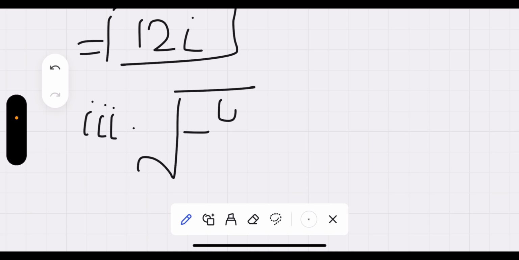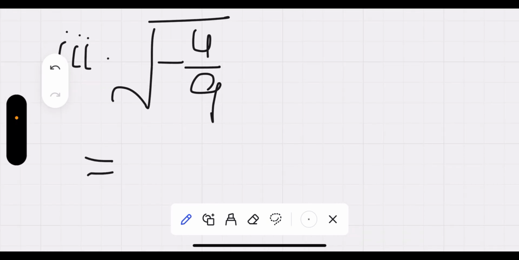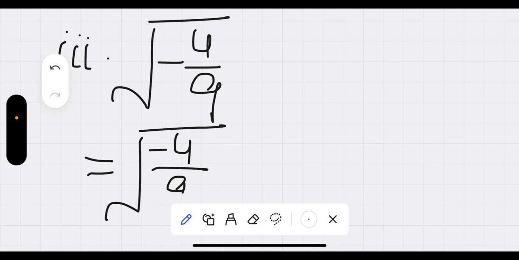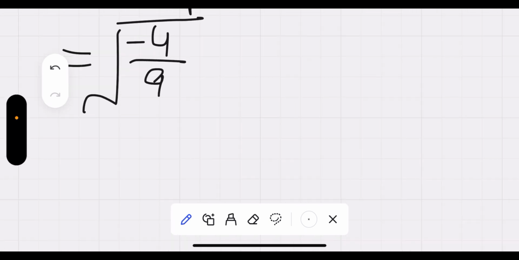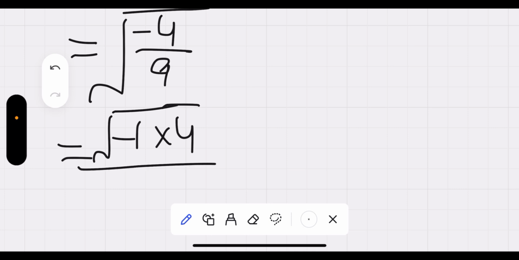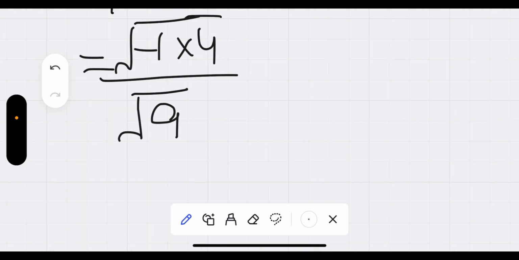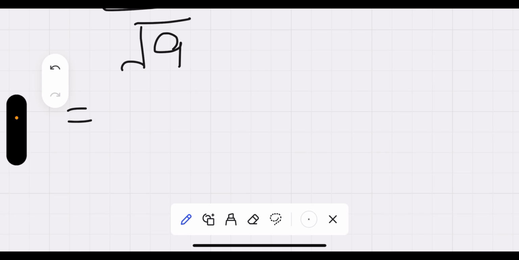Next we have the third part, square root of -4/9. We can assign this negative sign to the numerator, -4/9. Here, -1 multiplied by 4, and we can also split the powers for numerator and denominator.